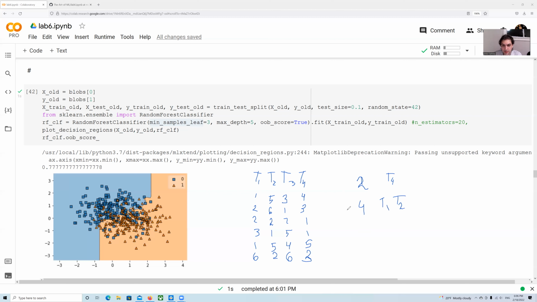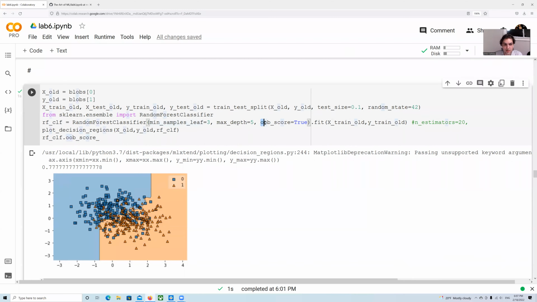So we can do evaluation by the trees which were not trained on this data point. And this is called out-of-bag evaluation. And you can set this parameter to true in your training, and then you can get this value from your classifier, the out-of-bag score.